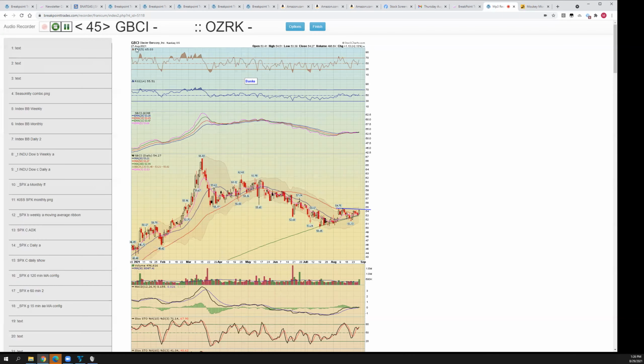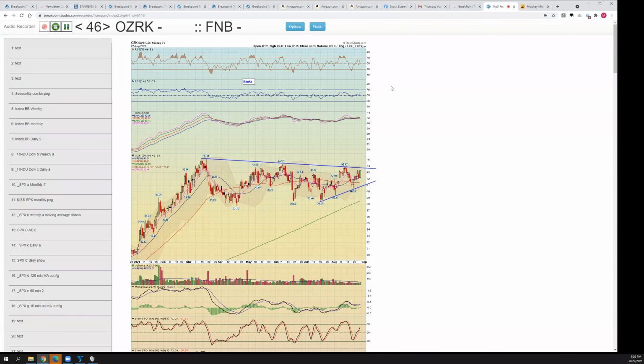Next, chart 45 GBCI, another bank. Notice it gets coiled with the moving averages. You got resistance right here. Moving average ribbons pinched. So if you went long this, a swing stop could go right here, guys, right there around 53. Next, chart 46 OZK, big coil like pattern. It's in the banks. So your long would be up here.